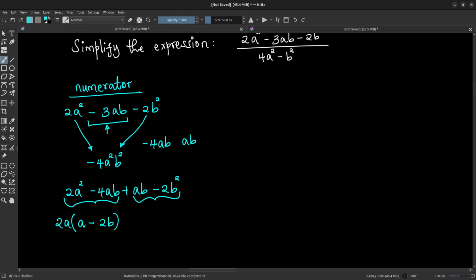For the second pair, the common factor is b. So we factor out b, and ab divided by b leaves us with a, and negative 2b squared divided by b leaves us with negative 2b.